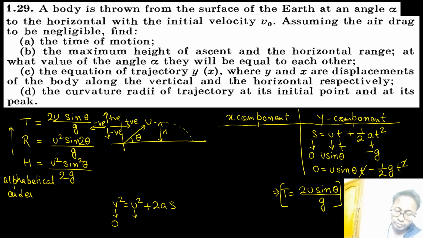The y component of initial velocity is nothing but u sin theta. a is nothing but minus g, and s is nothing but the maximum height.